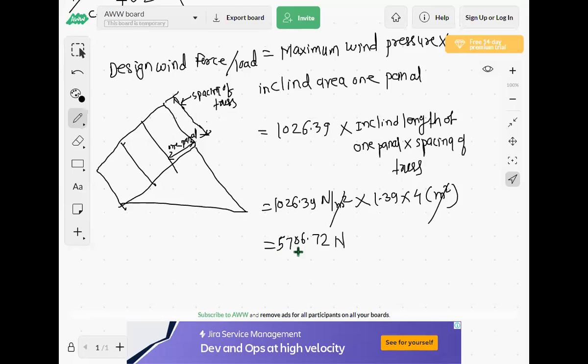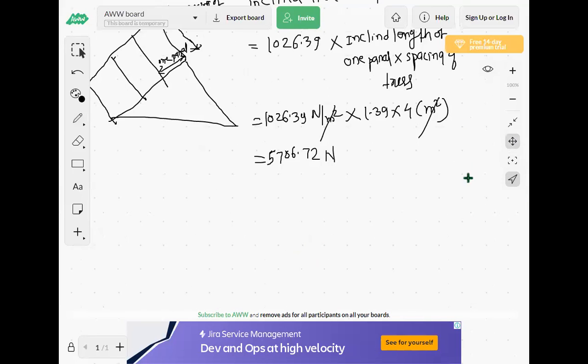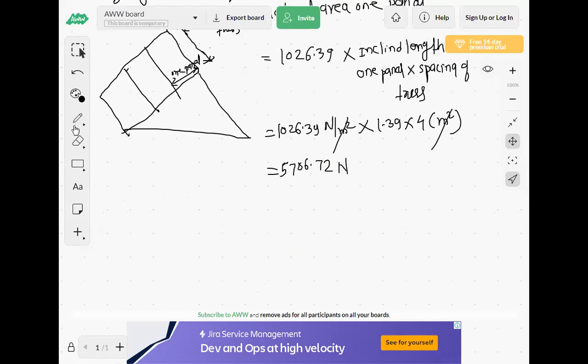एका पॅनल वरती एवढा लोड येतोय, म्हणजेच इंटरमिडिएट पॅनल पॉइंट. So this is the load coming on the, so now wind load on intermediate panel point. So this is the total intermediate.